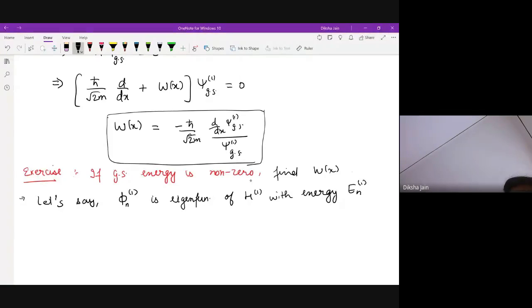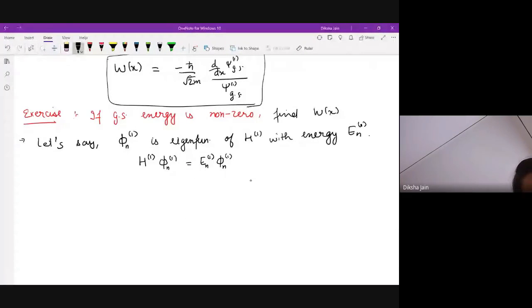What I mean is that H1 acting on phi n1 gives you En1 times phi n1. Now we see that A acting on phi n1 is an eigenstate of H2 with the same energy.